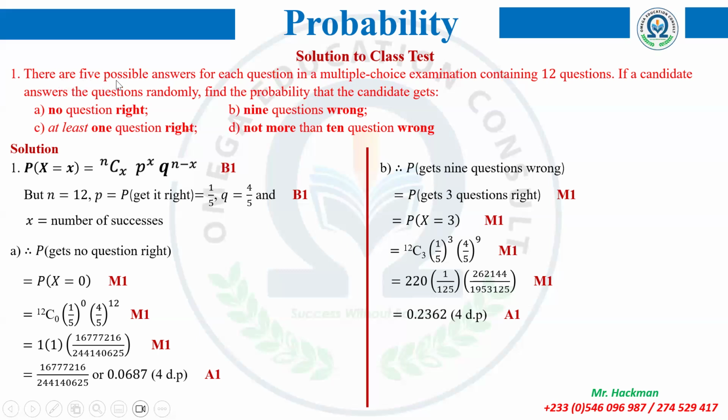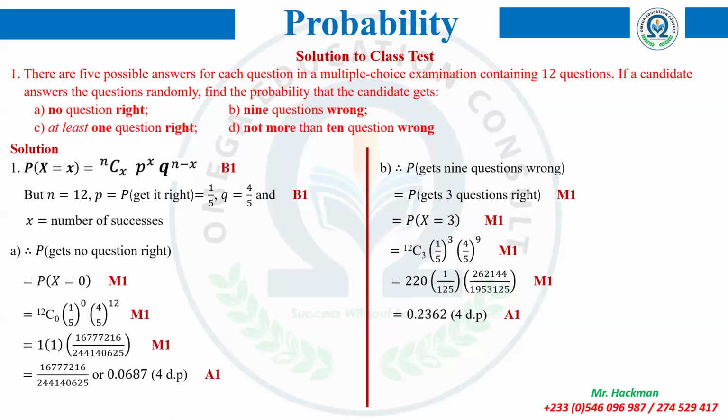You said you have 5 possible answers in a multiple choice. And you should know that the value for the probability of success is not given. So you have to critically think and know that because you have 5 possible answers, the right answer will be 1. So you are going to get 1 out of 5.